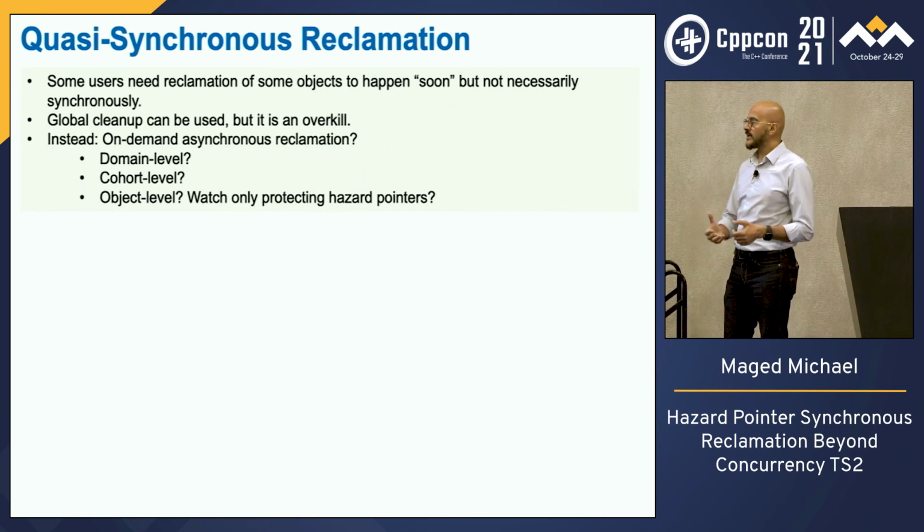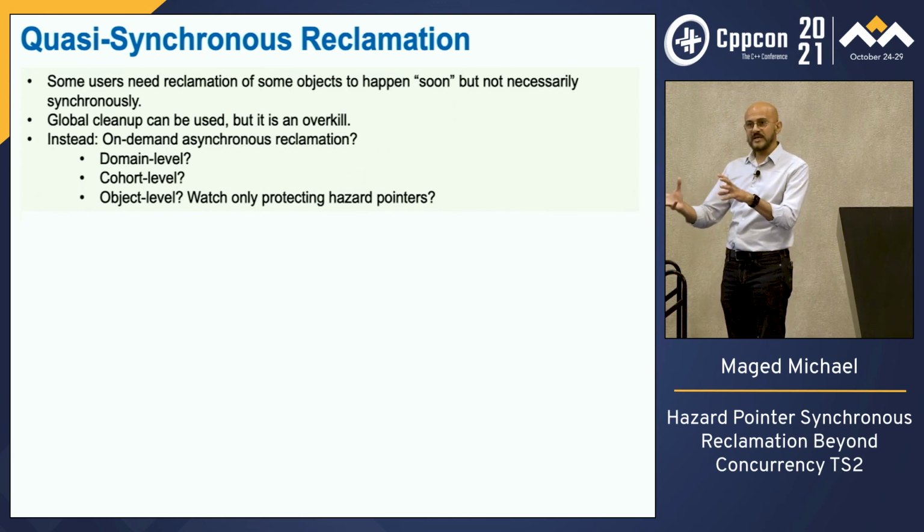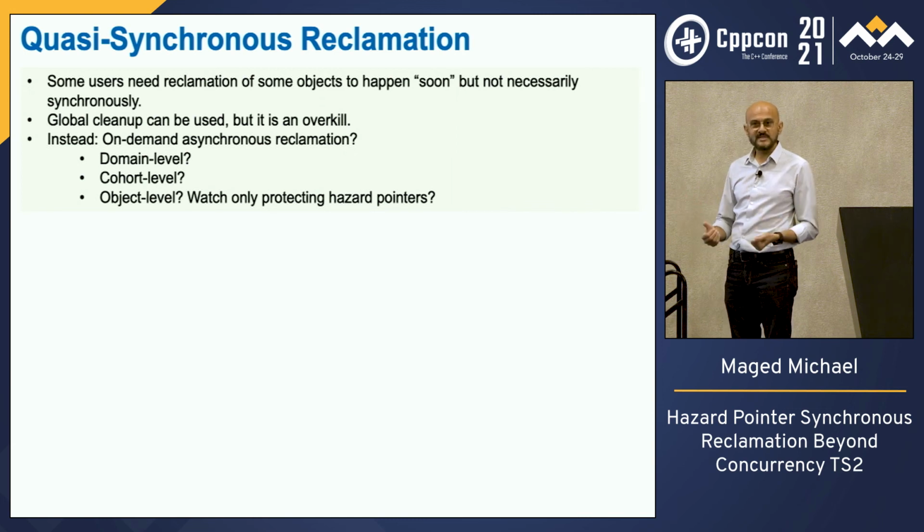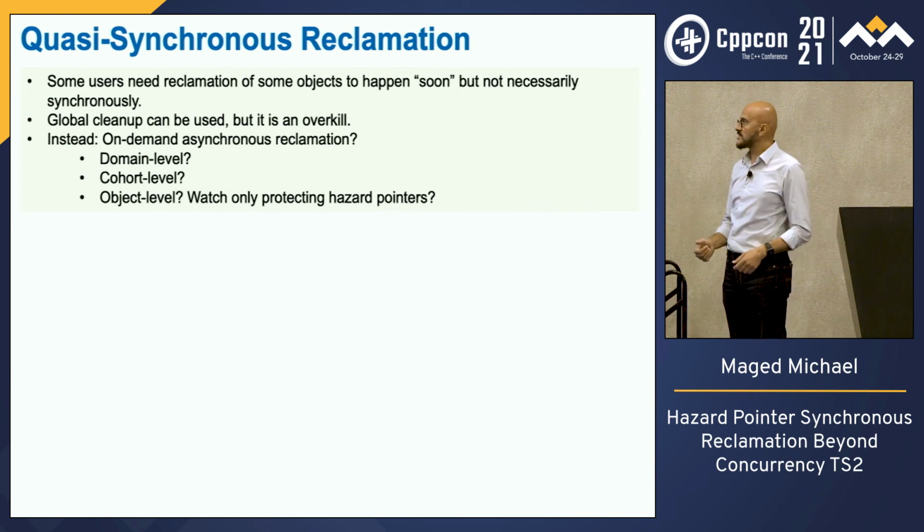So let's say someone is removing an item from a container, but that item is hundreds of megabytes. And they really don't want to wait 2 seconds for that to be reclaimed, or for the next asynchronous reclamation, or whenever we accumulate tens of thousands of objects. So they say, okay, they don't care about performance that much because they are dealing with massive data.